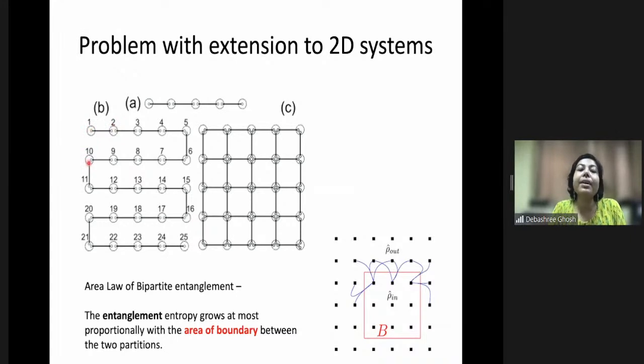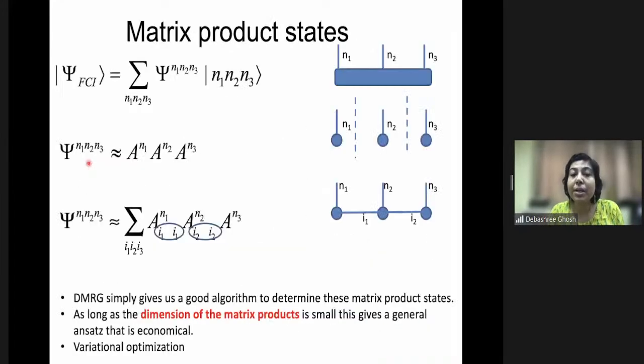And therefore, again, either you need to bump up the value of M quite a lot, or you will lose precision. So MPS is a great way to go, but only for one-dimensional systems. And similarly, DMRG is a fantastic algorithm if it is a one-dimensional or a pseudo one-dimensional problem. In other words, as long as the dimension of the matrix product is small, this gives a general ansatz.